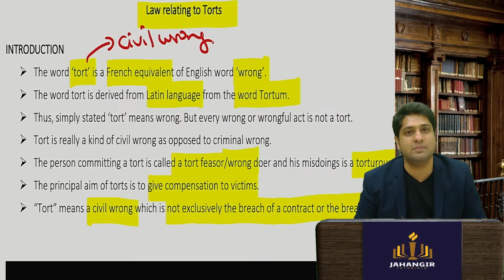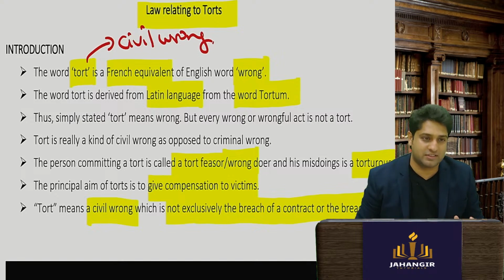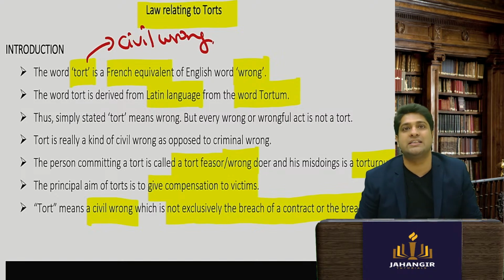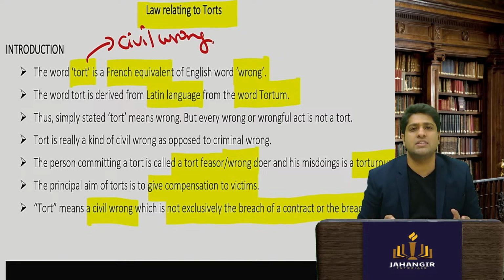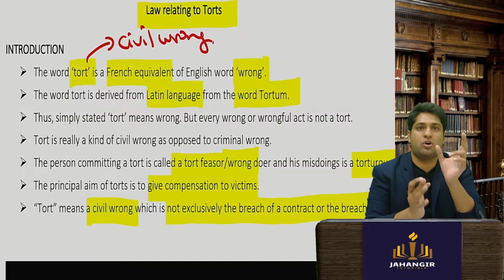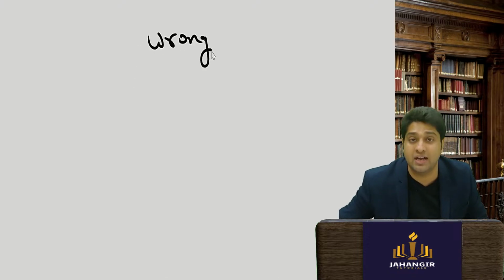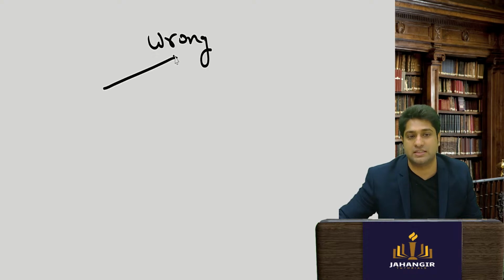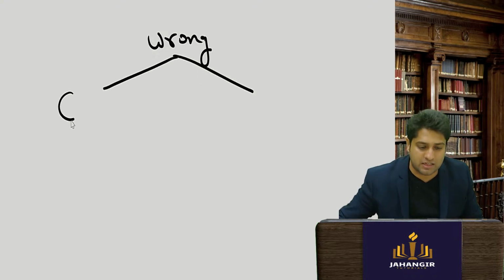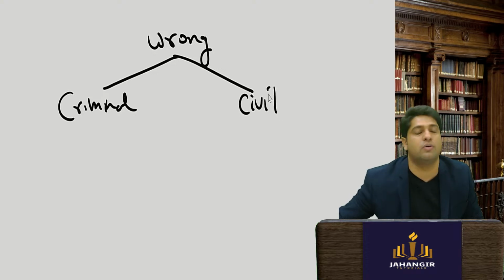Hi, so we will be starting with the law of torts. Now, tort is a civil wrong. What is a civil wrong? Any kind of wrongful act which is there in India is divided into two things. Either it will be a criminal wrong or it will be a civil wrong.